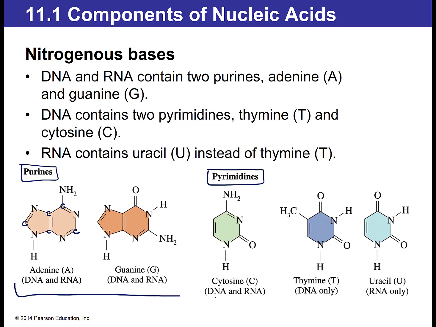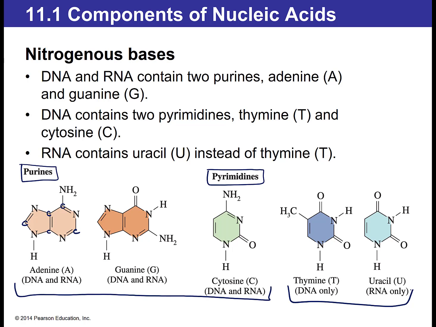These 3 you find in both DNA and RNA. So adenine, guanine, and cytosine are found in both of our nucleic acid groups. These are the 2 that are one or the other. So DNA only has thymine, RNA only has uracil.